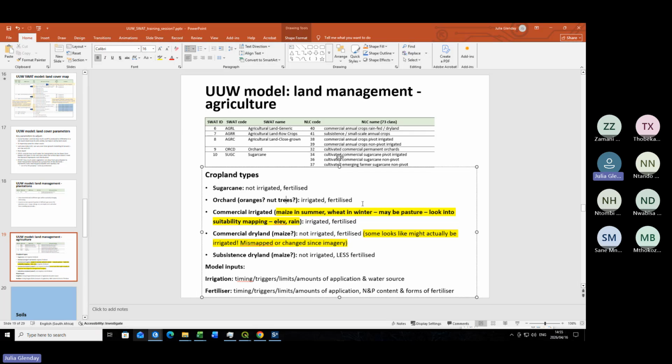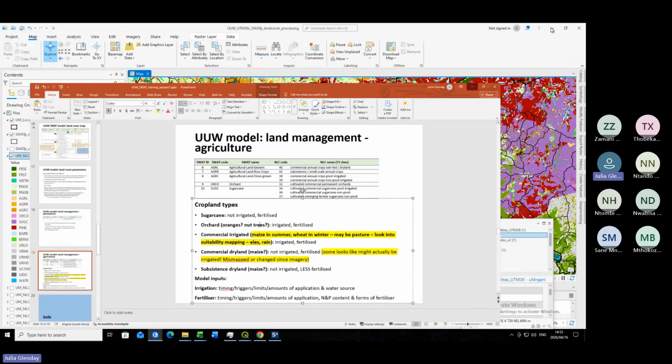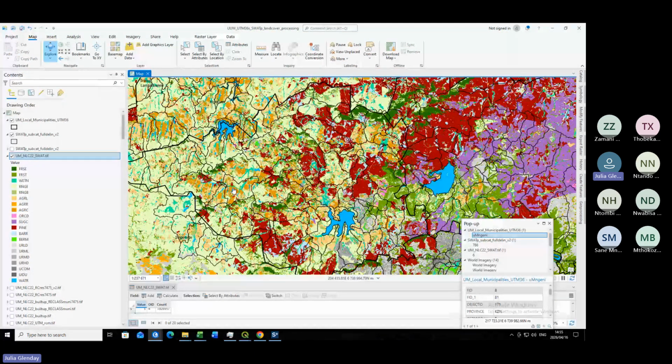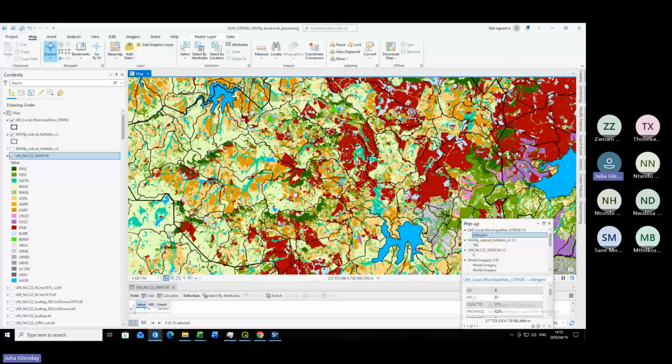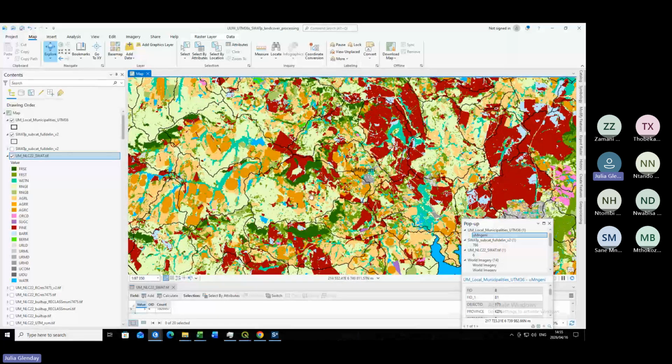So I will try and get the irrigation right, but I do want to get the fertilizer application to be somewhat reasonable to what is being done in the region so that we can get an idea of the non-point source from fertilizers. And that'll always be tied to how much is mapped of what kind of crops and where it is, how close to the stream in the model.